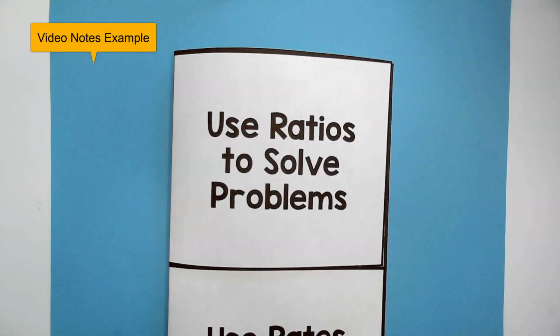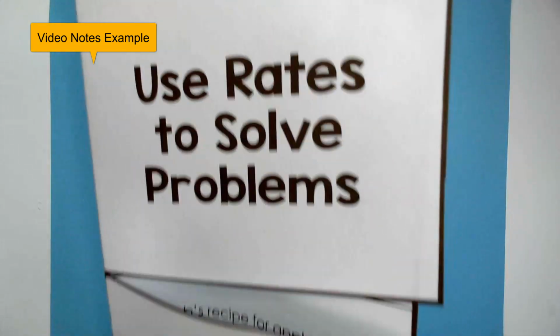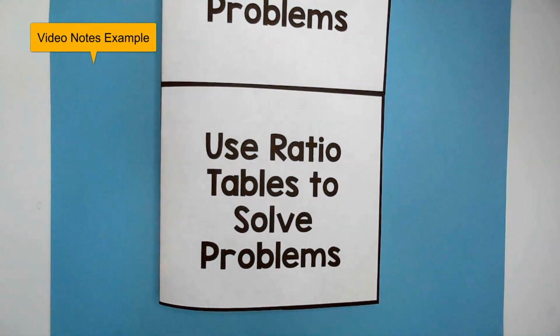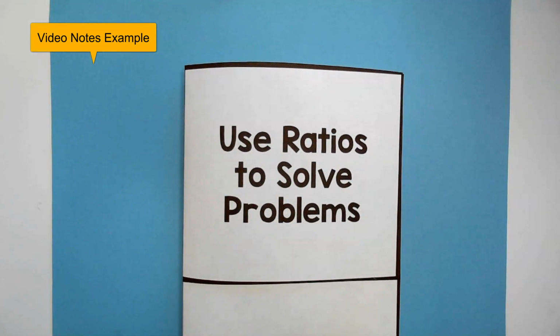Today we're going to talk about ratios to solve problems, using rates to solve problems, and using ratio tables to solve problems. So take your notes and divide it into 3 sections. The first section, you need to write down use ratios to solve problems.